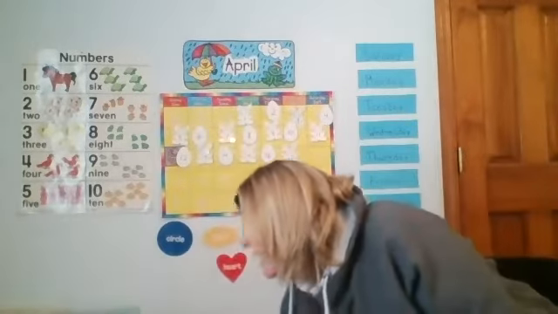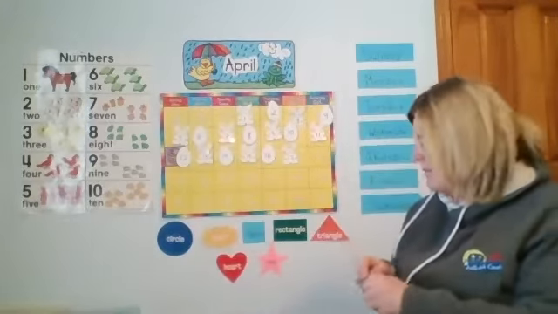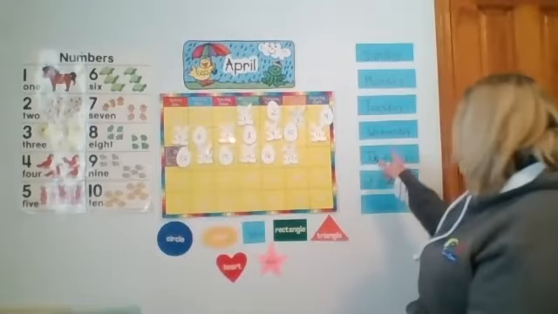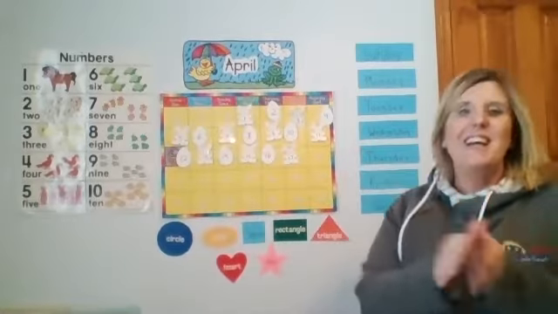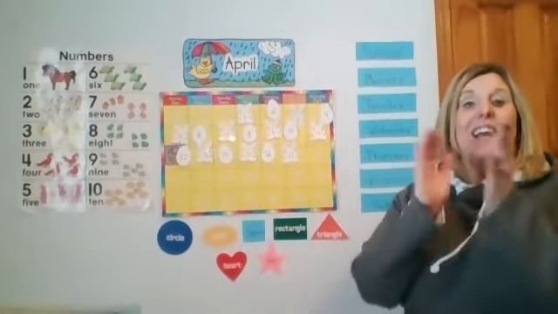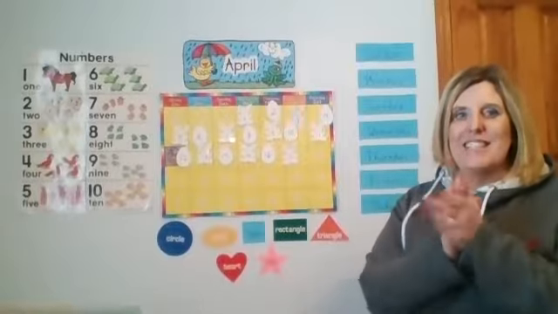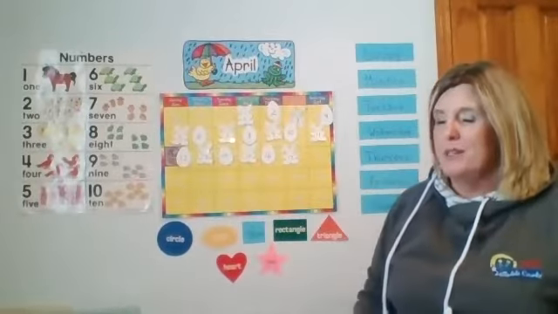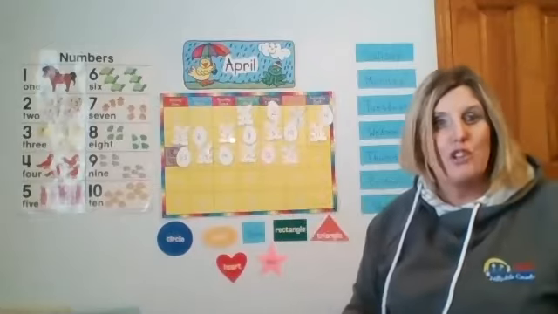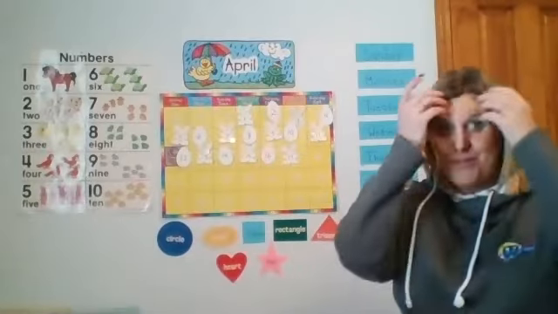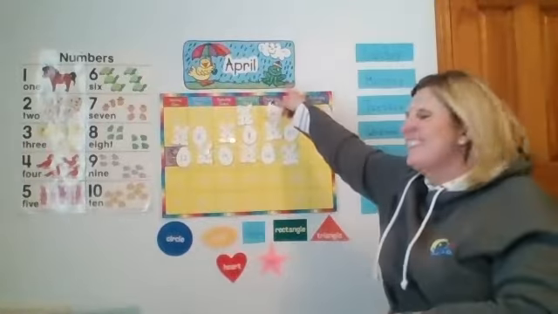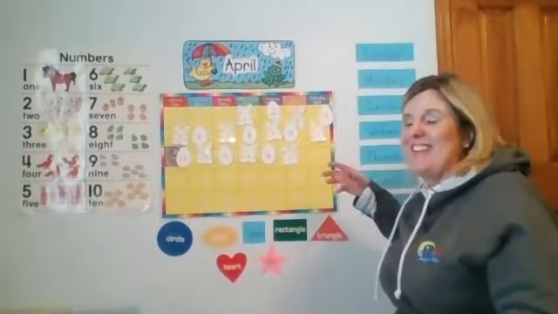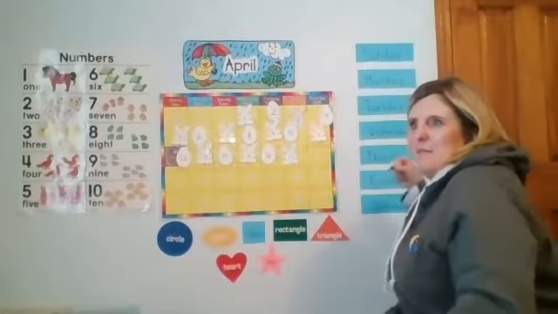Let's go ahead and sing our song about the date. Friday is the day, Friday is the day, hi-ho the dairy-o, Friday is the day. April is the month, and instead of the rain, let's make that snow. Or should we throw a snowball? Maybe we should throw a snowball. That would be fun. You ready for your snowball? Get a big one ready. April is the month. Throw the snowball.